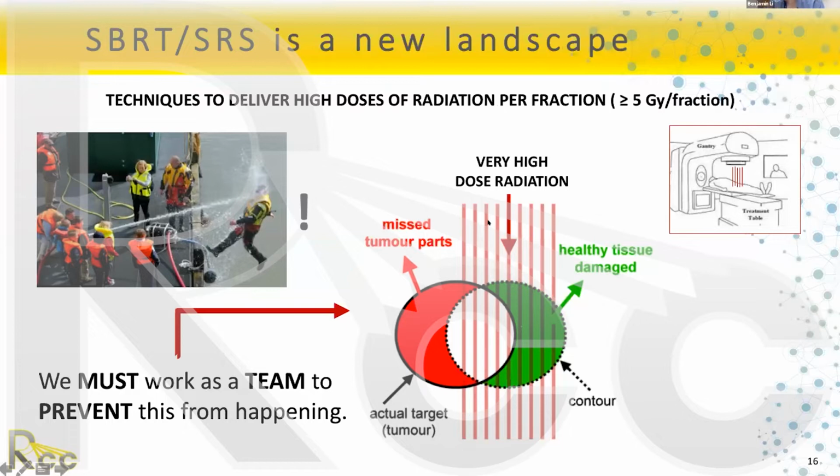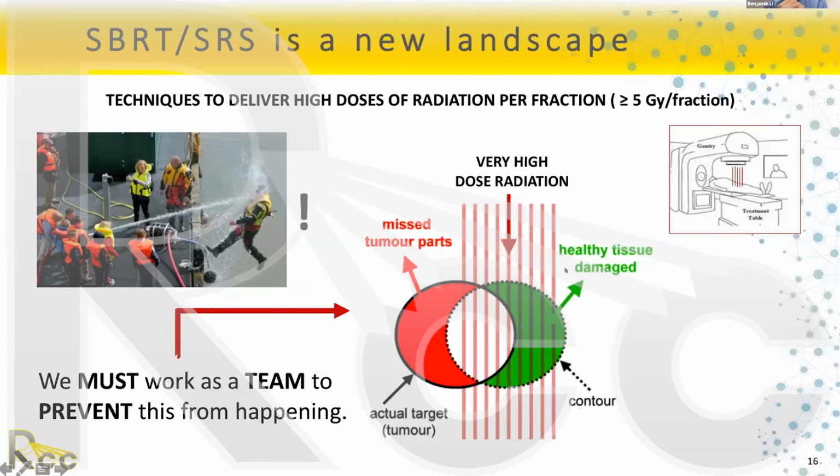And if you're off by a little bit, if the contouring is off, if the treatment planning is off, if the QA is off, or the patient positioning is off, the radiation oncologist, the medical physicist, the radiation therapist, it's all a big team effort to make sure we're as exact as possible so that we don't accidentally underdose the tumor and so that we don't overdose an organ at risk.